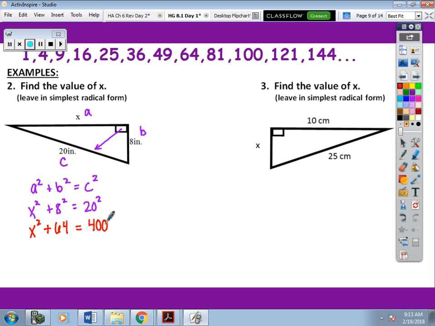And then we can't go straight to square rooting because x squared is not by itself. So how would I isolate the x squared? What do I need to do? Marquise? Good. Need to solve using inverse operations. So subtract 64 on both sides. Now I can square root.